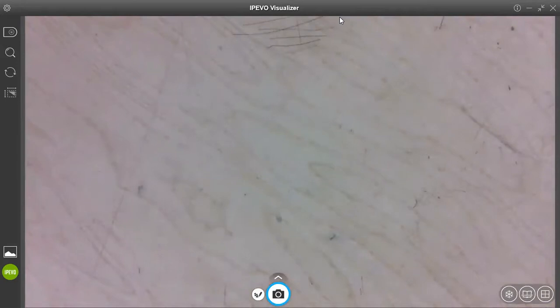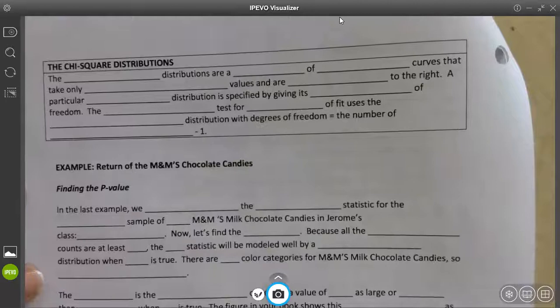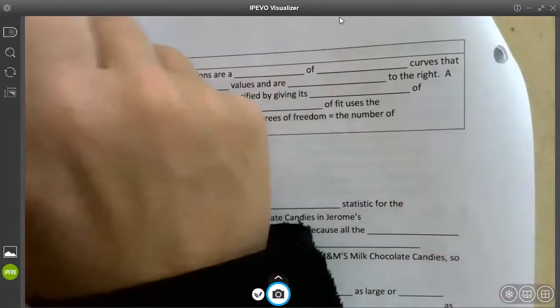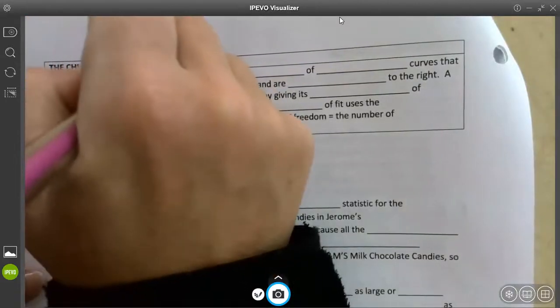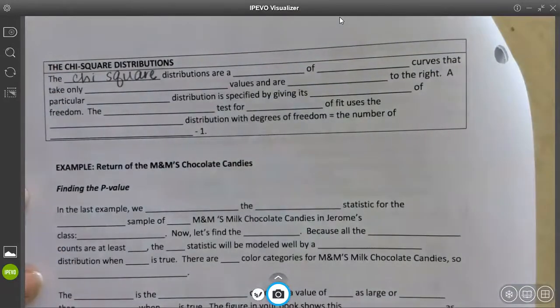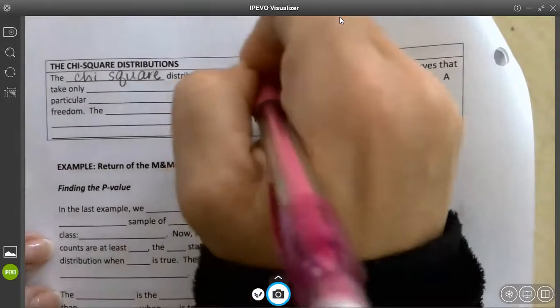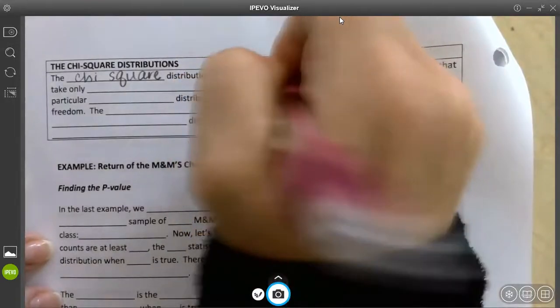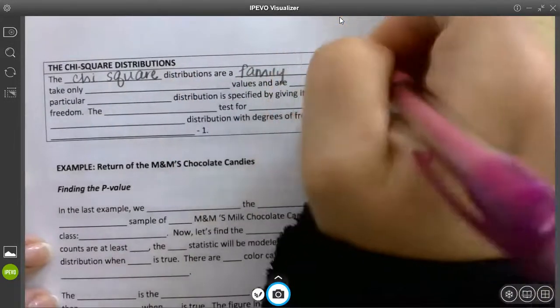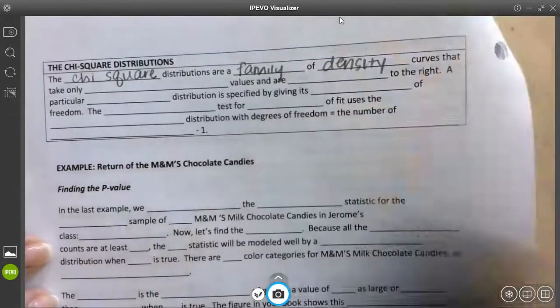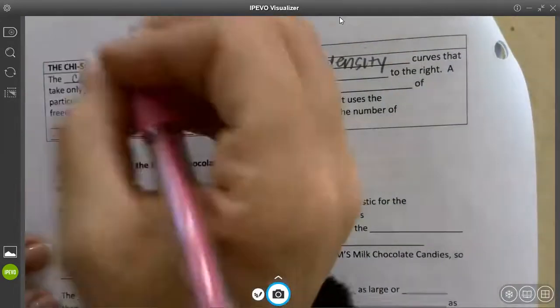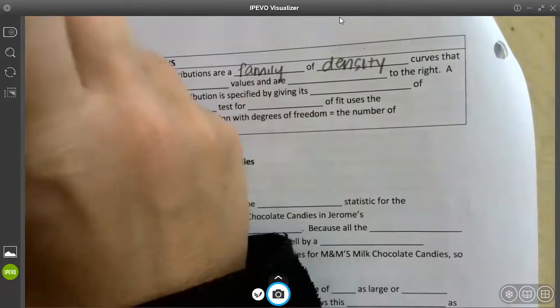Chi-square distributions. The chi-square distributions are a family of density curves that take only non-negative values.